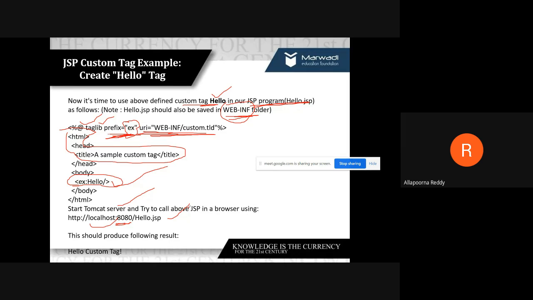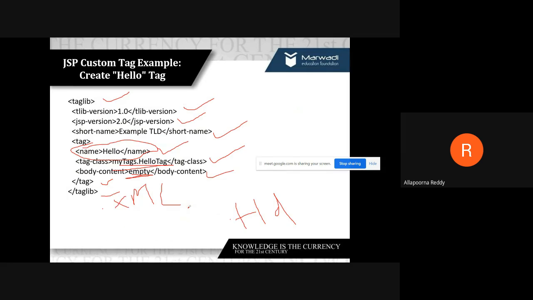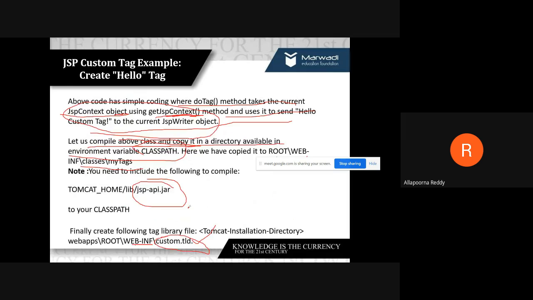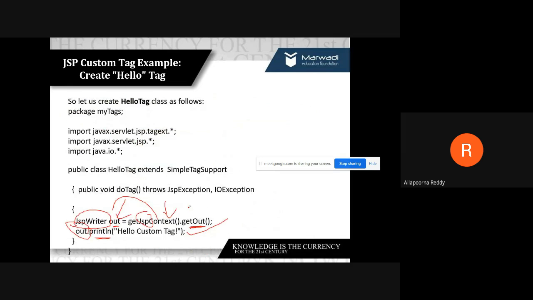But where are we finding this message? Here I can find my message where you mentioned the out.println. But how does the custom tag get it? Using this method we will get it. But who is going to get this? This can be done with your out object. But how does the out object get this information?